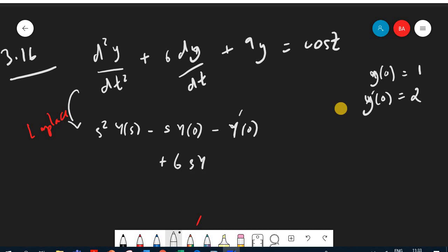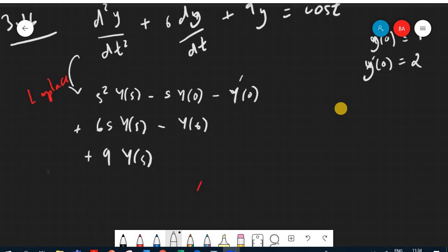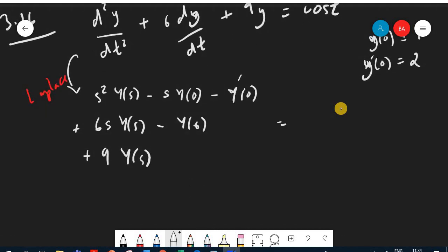So this is s y of s. I would write it here, so I have my y of s's under each other. So this is plus 6 s y of s, and minus y of 0, and the last part is plus 9 y of s, and this is equal to the Laplace of cosine t.